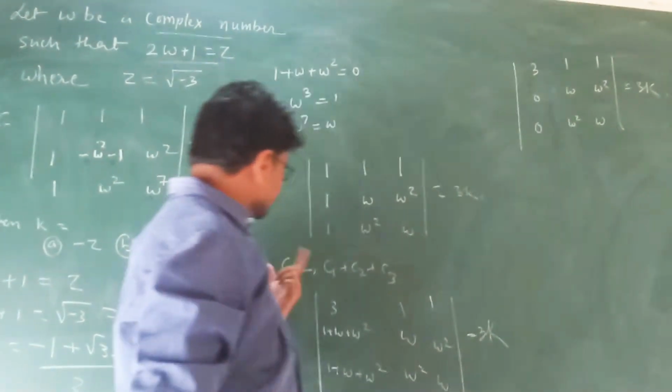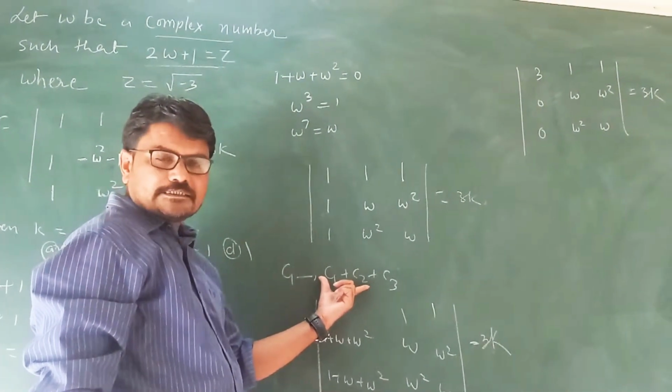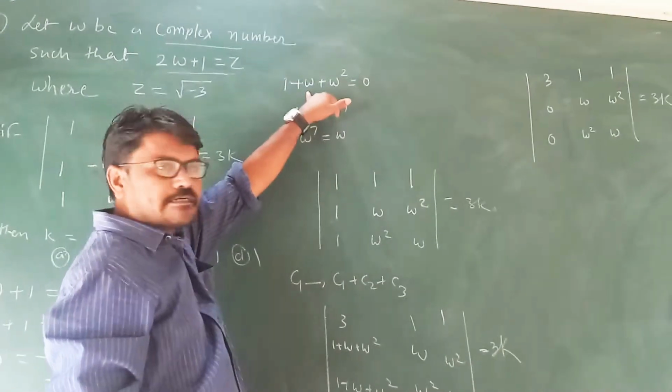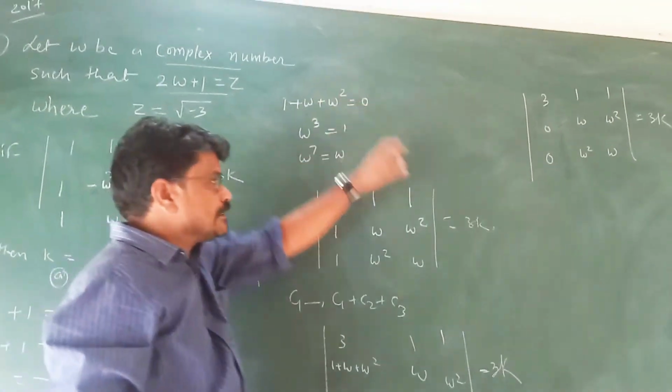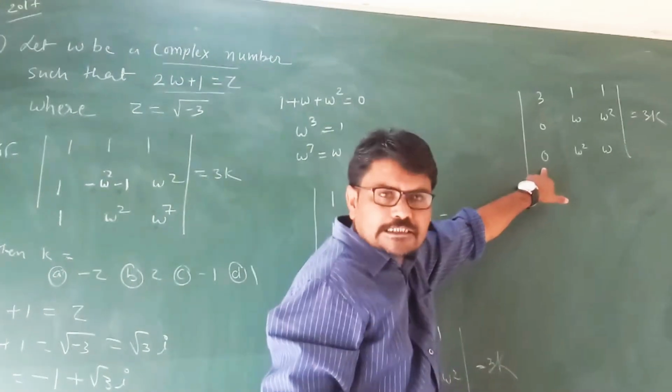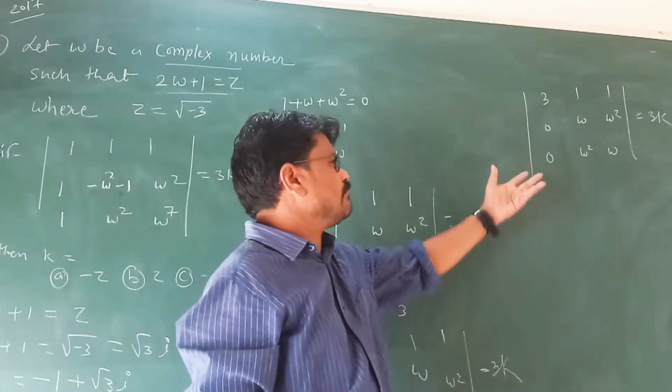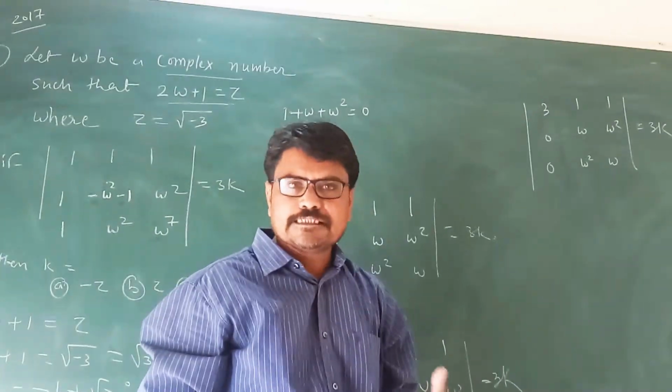So by applying this C1 plus C2 plus C3 elementary operation and applying this property of the cube root of unity, we have seen now that there are two zeros in the first column. So I can now easily evaluate this determinant, correct?